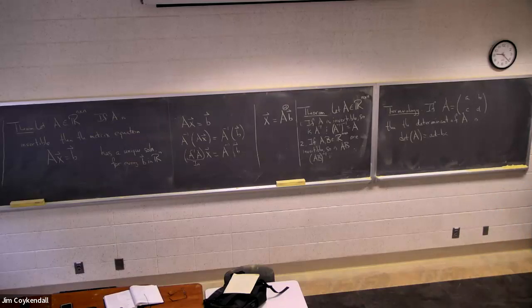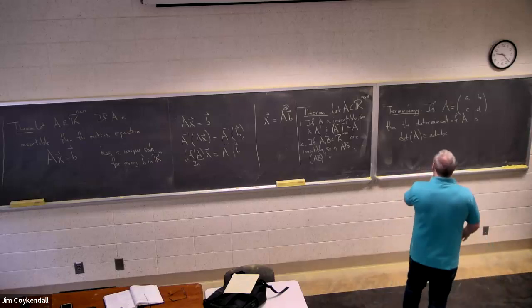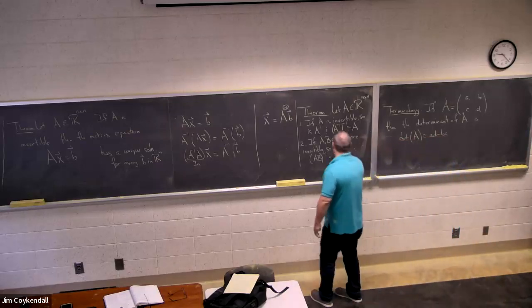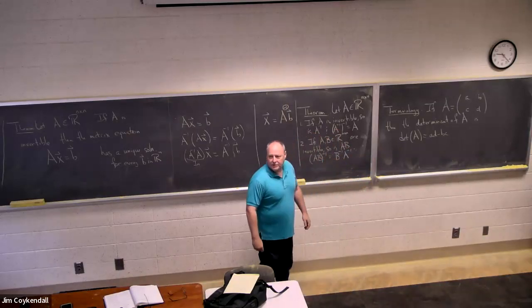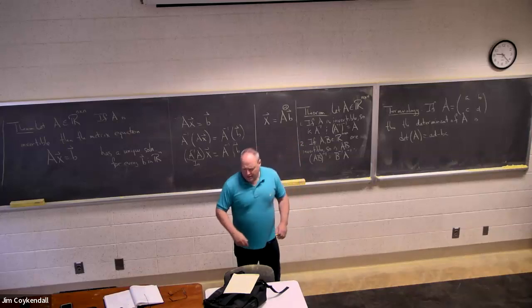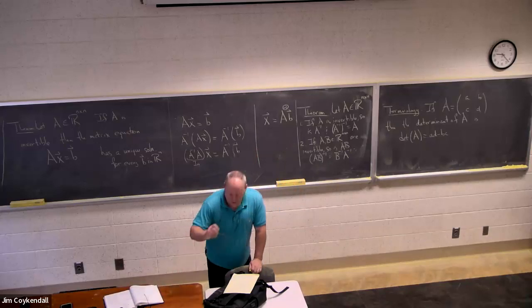So what this says is if A and B are both invertible, they both have inverses, then so is A times B. It's also got an inverse. What is the inverse of A times B? You might want to guess. You can say it's the inverses both taken in the other order. And so this might mystify you a little bit. So I'm going to show you why that's true.